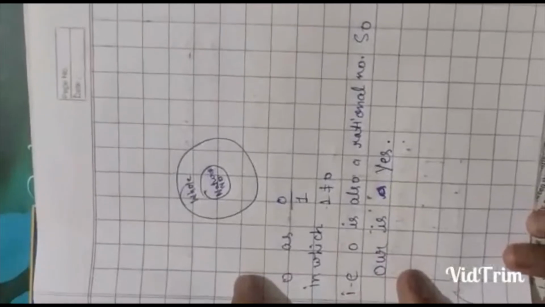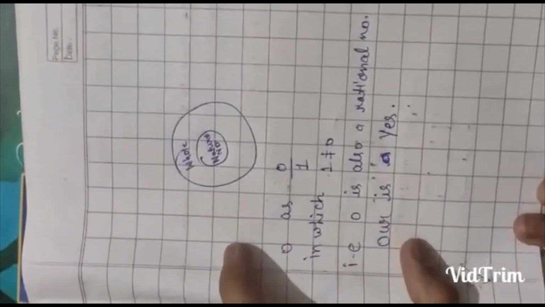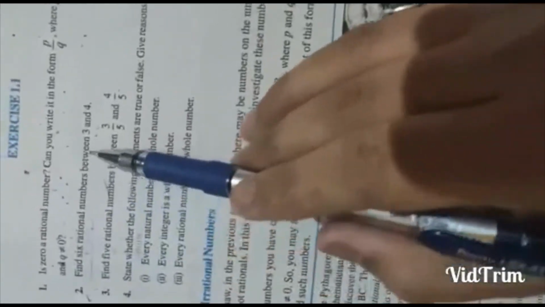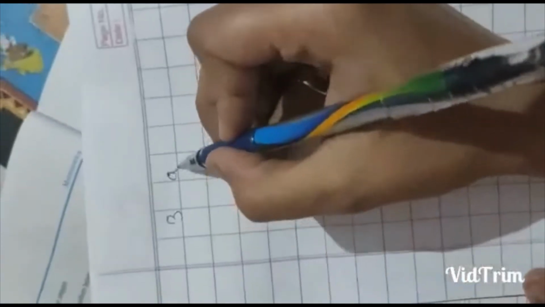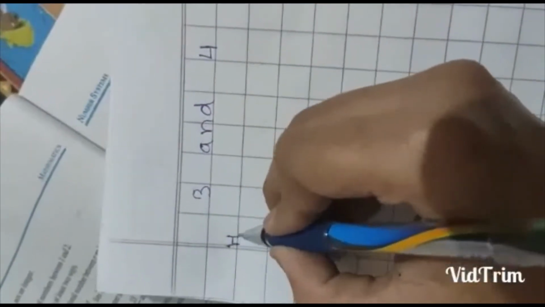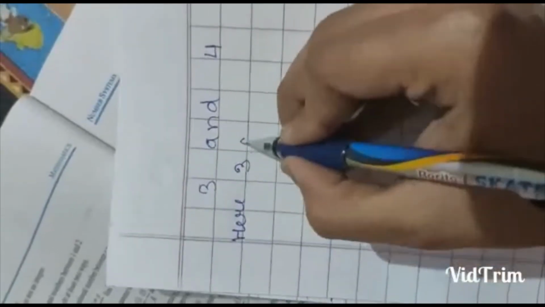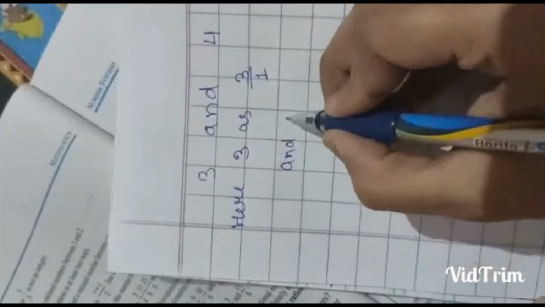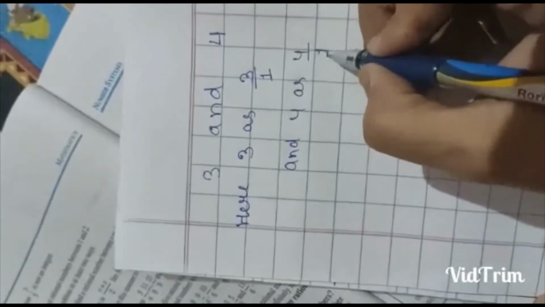And this is the explanation of question number first. The second question is: find 6 rational numbers between 3 and 4. We write 3 and 4. Here we can write 3 as 3 upon 1 and 4 as 4 upon 1.